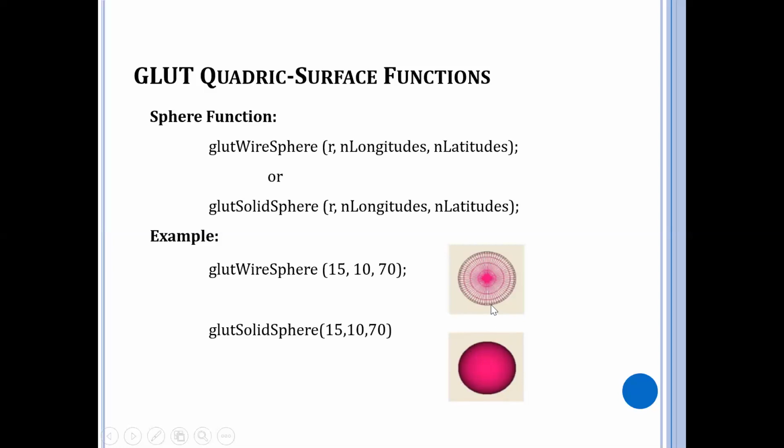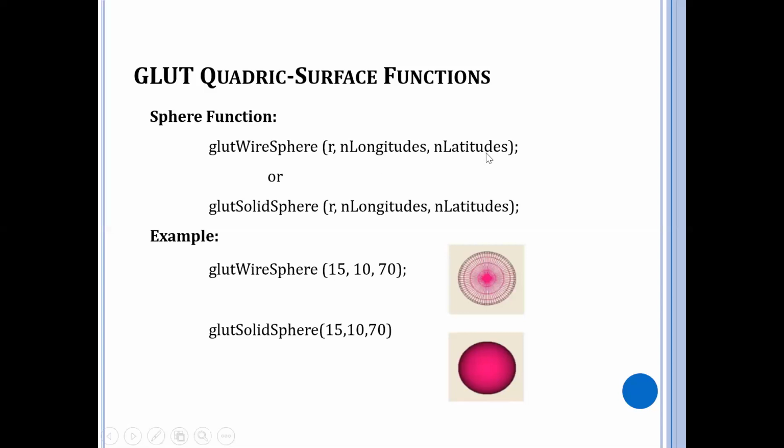Now let us move further in order to look at what this r and n longitude and latitude are. R is the sphere radius, which is double precision. That is, this r for us is the radius of the sphere. We know that when we speak about a circle or sphere, it is all referred by its radius. Hence here r stands for the radius, and please note, usually it is taken as a double precision. That means even if you enter an integer here, for the function, it is still a double precision value.